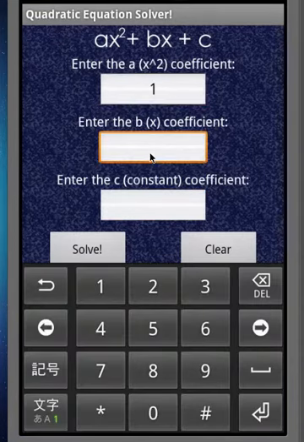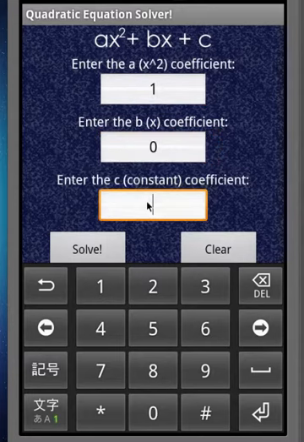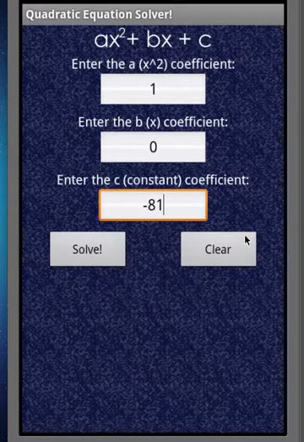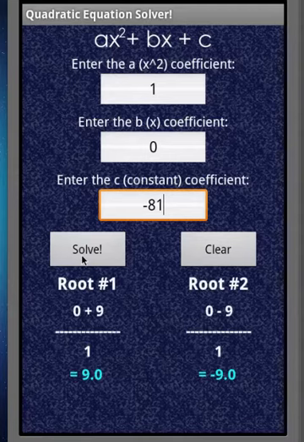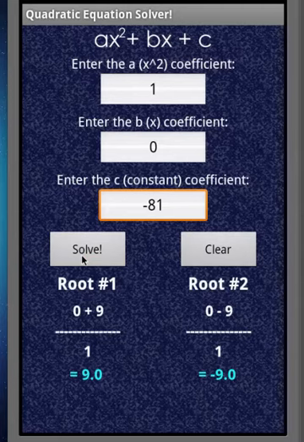The b would be 0 because there is no x. And the c would be -81. So this would be the equivalent of x squared minus 81. Let's see what we get. And as you can see, we get two roots. We get 9 and -9. So it worked out.